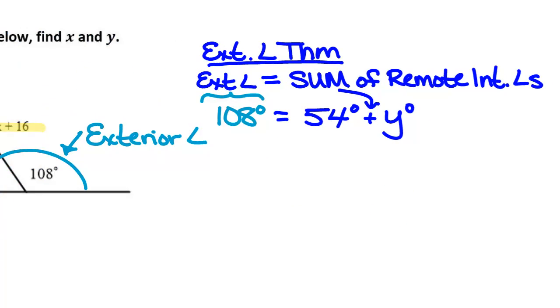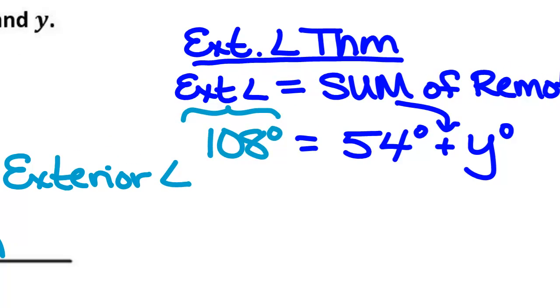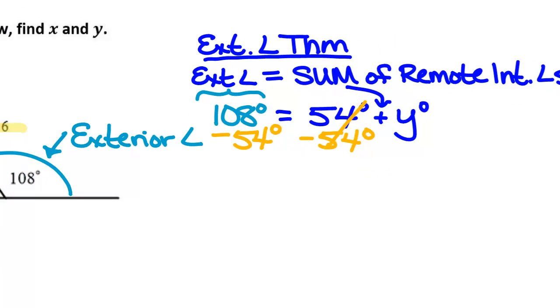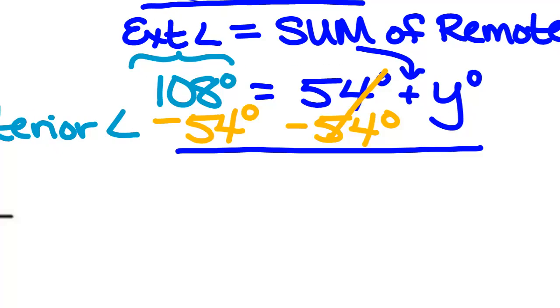So now to find y, I just need to subtract 54 from both sides. What is 108 minus 54? It is 54.